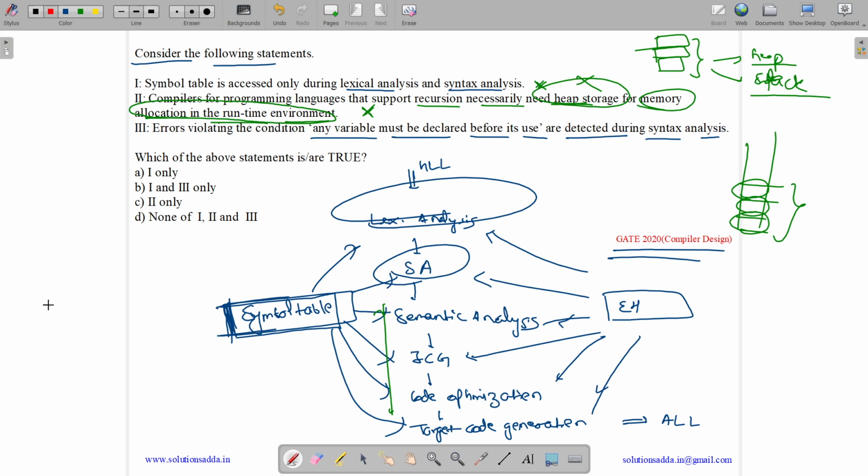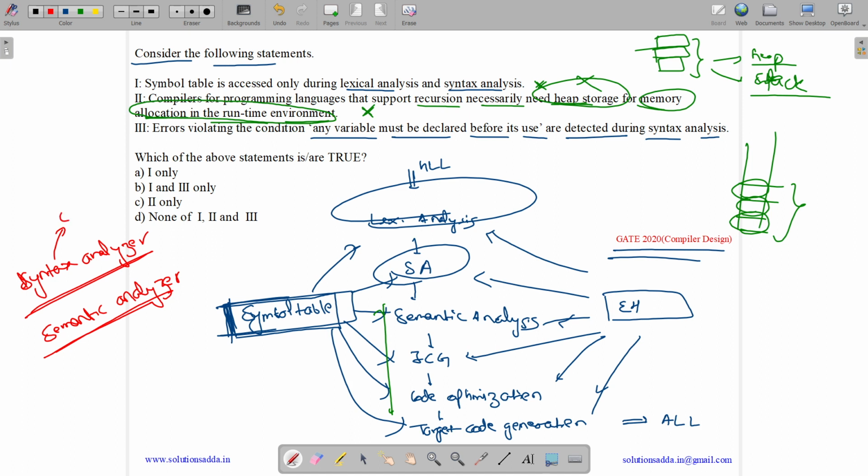So what type of error is this? See, we have a syntax analyzer and we have a semantic analyzer. The syntax analyzer checks whether the program is syntactically correct or not, and the semantic analyzer checks for semantic errors.